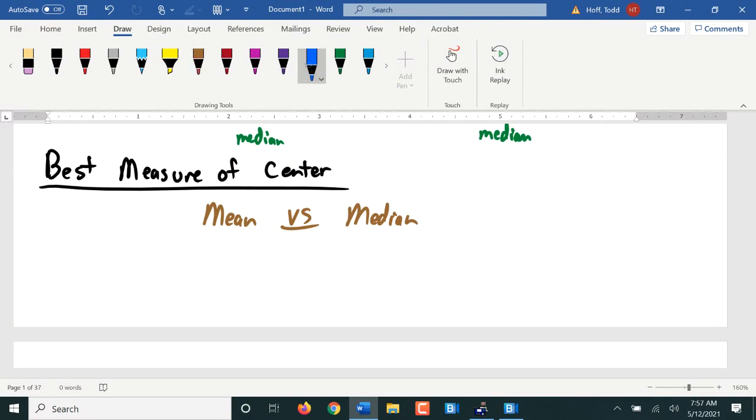But the example I used to illustrate this goes back to 1983.